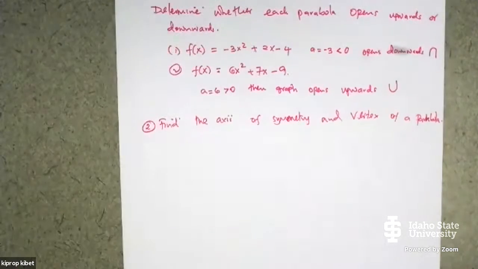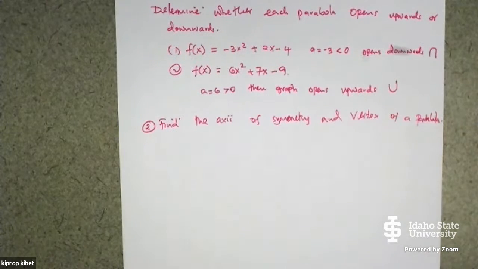Okay. So before you graph this again, the first step is you identify whether the parabola opens upwards or down. The next one is you identify the axis of symmetry and the vertex of the parabola.